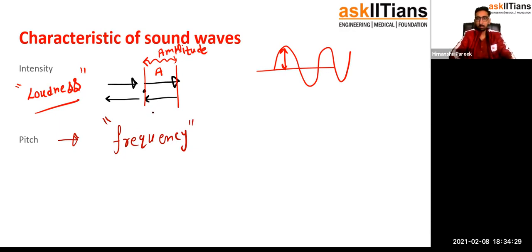At the same time, Lata Mangeshkar's voice is a very sharp voice, so the pitch is very high, meaning the frequency is very high. The vibrations take place more times in a second for Lata Mangeshkar's voice, because the pitch is very high for her. So frequency is the property which determines the pitch. And how do we determine frequency? By the number of oscillations per second. That's the meaning of pitch and intensity, which we already discussed in lecture number 2.